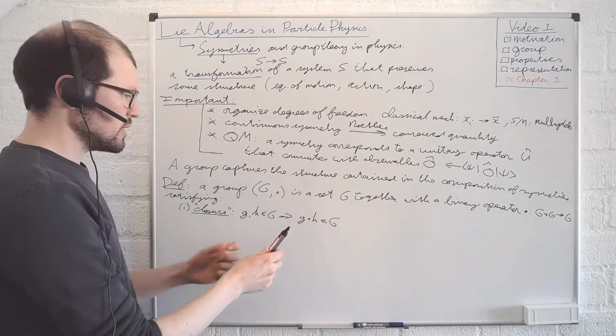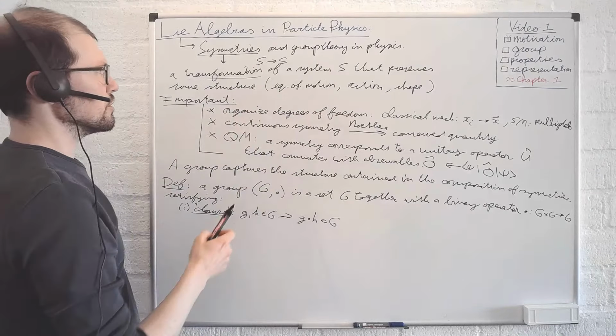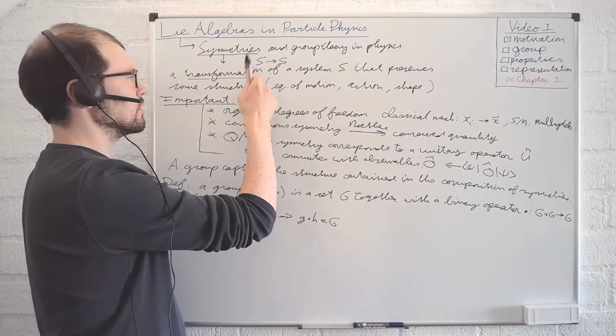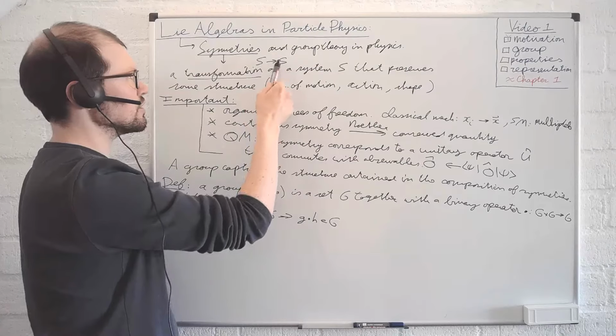You should keep in mind here that these elements of the group are going to be symmetry transformations. A transformation is really just some map from your system S to itself.